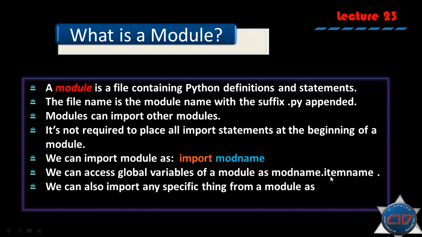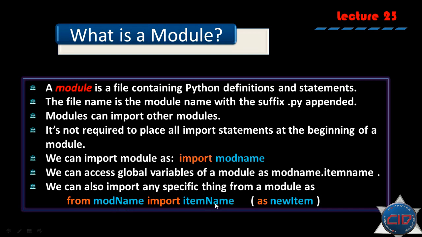Suppose there are 5 or 6 or a lot of methods and classes under a module, and we want just some specific ones, then we can use from mod name import item name, so only this will be imported in our file.